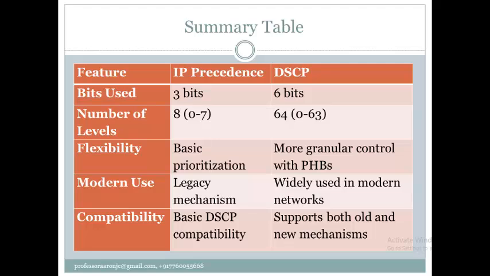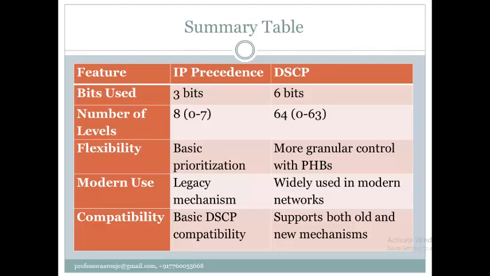For a small network with fewer applications, you may go with IP precedence, this legacy method for basic prioritization, which has only 3 bits and 0 to 7 levels of marking.